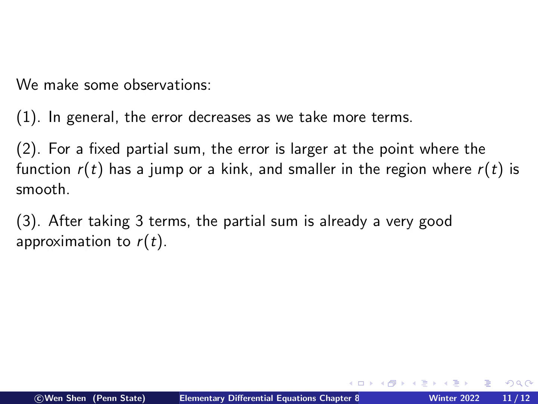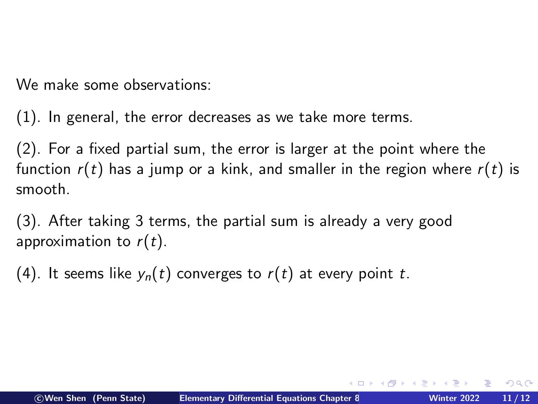So for this example, we see that after taking 3 terms, the partial sum is already a very good approximation to r(t), especially in the region where r is smooth. Now that's just a conjecture.